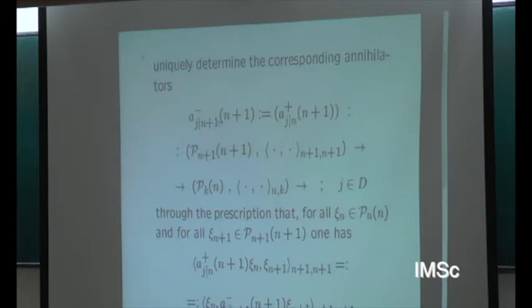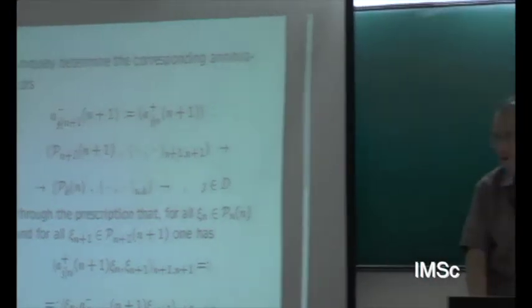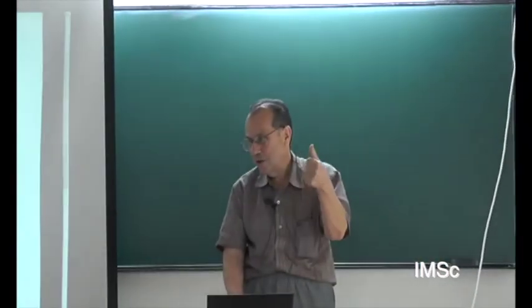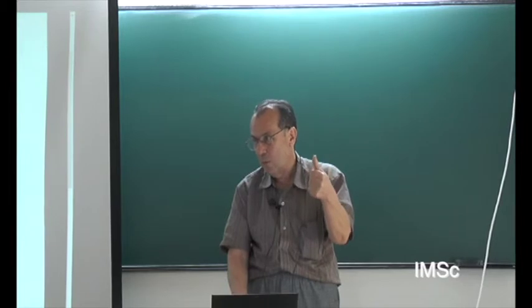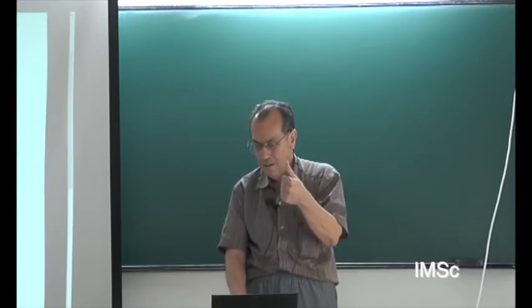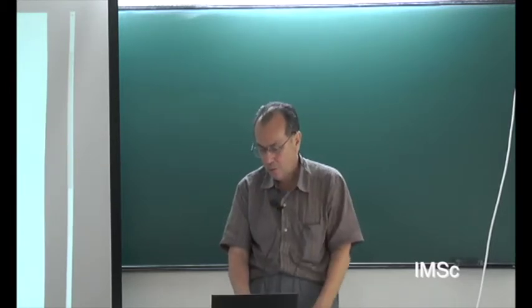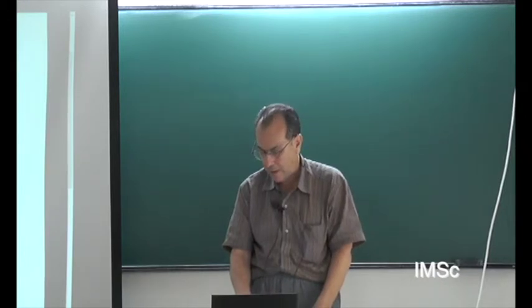Because we know that the operator A minus J, remember, is the component EJ, and the index J goes from 1 to D, while the index k goes from 1 to n or n plus 1.